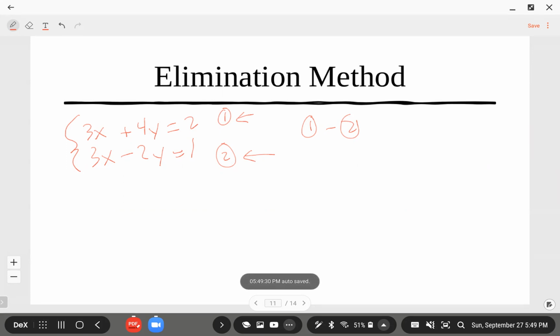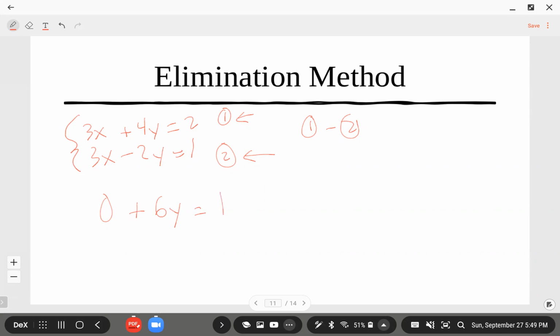So what is 3x minus 3x? 0, okay? 4y minus negative 2y would be 4y plus 2y, plus 6y, right? And then equals 2 minus 1, which would be 1.